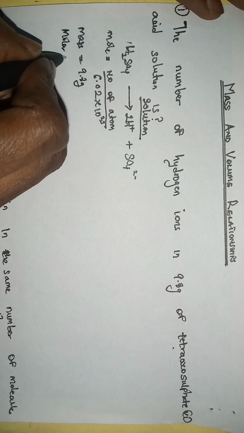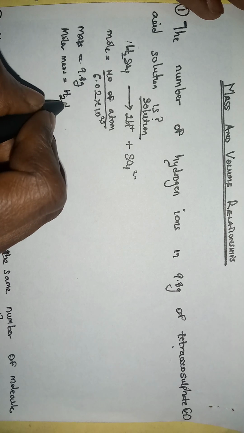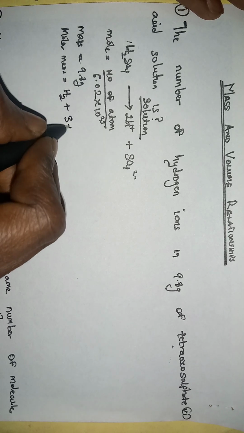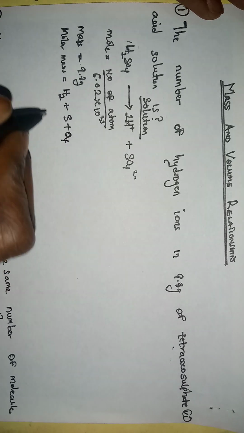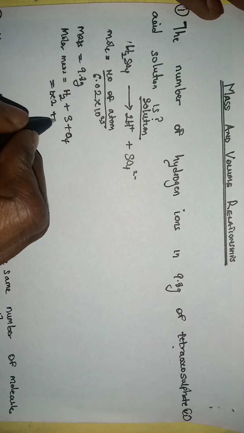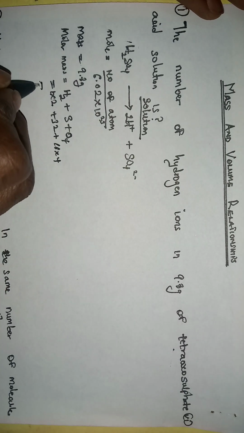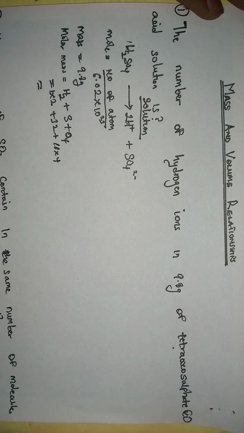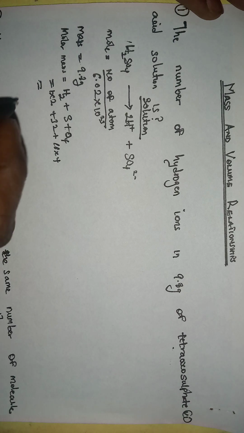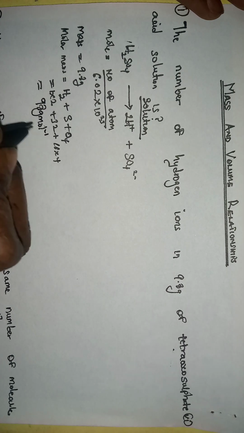So let's find the molar mass of H2SO4. We have H2 plus S plus O4, so it's 1 times 2 plus 32 plus 16 multiplied by 4. That's going to give us 98. So 98 gram per mole.